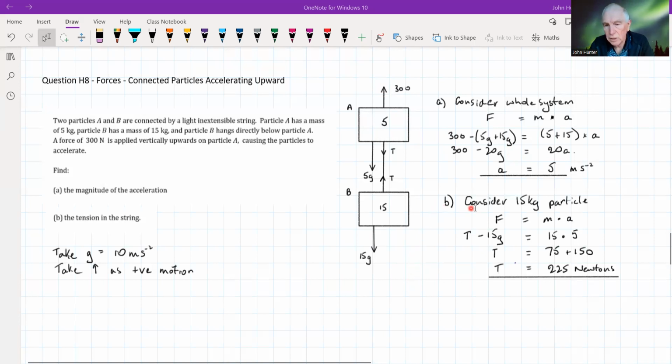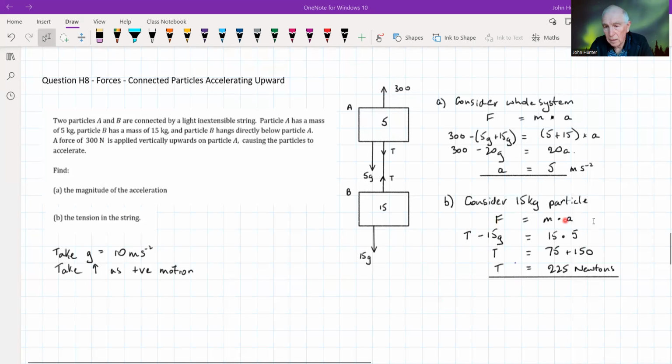So we're just going to consider this 15 kilogram particle and the forces on it. We've got this tension force here, and we've got the weight of 15g here, and these are what are acting on the particle, which has a mass of 15.